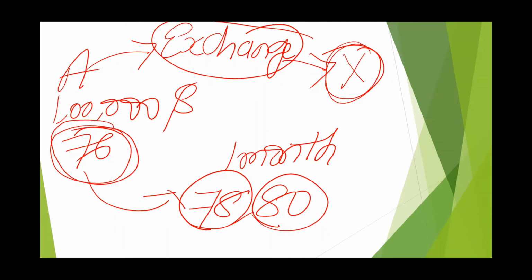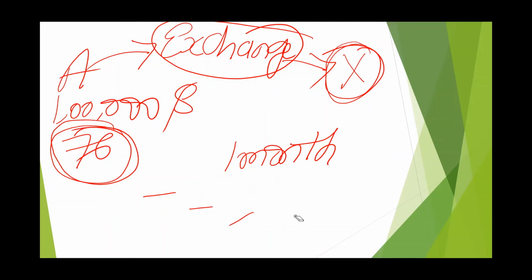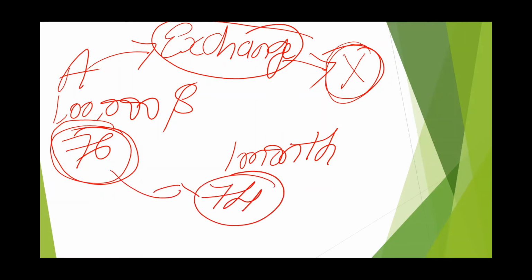He will purchase it. But if the price in the market reduces to 74, will A purchase from X? No, because if he goes and purchases in the market, he will get it at 74 itself. Why does he need to go to X and pay 76?